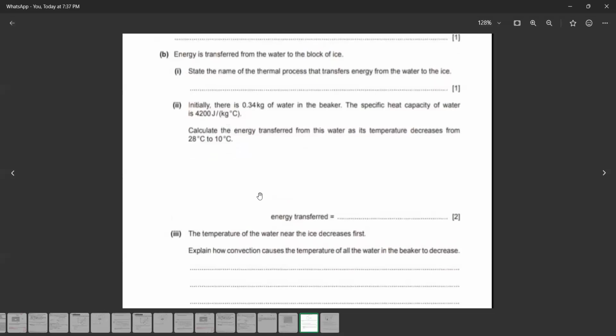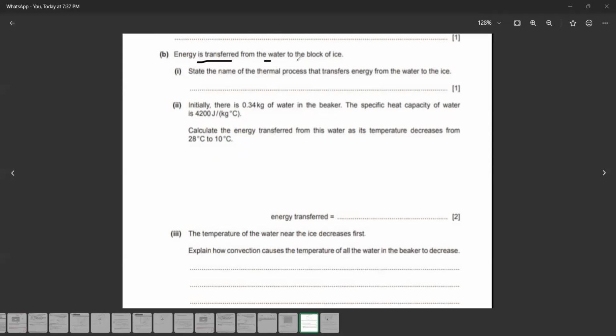You will lose the mark because in every state the particles move, unless at absolute temperature, 0 Kelvin. That is also a type of vibration, because it is very low. Minus 273 degrees Celsius, or 0 Kelvin.